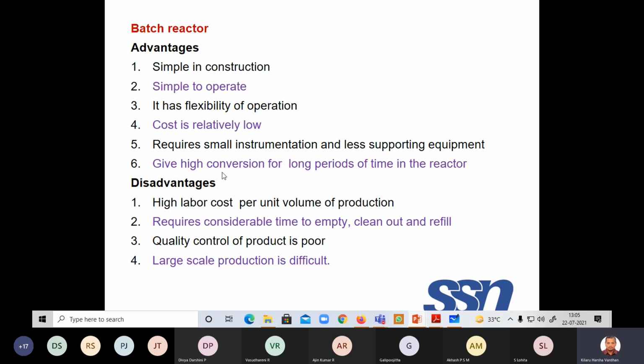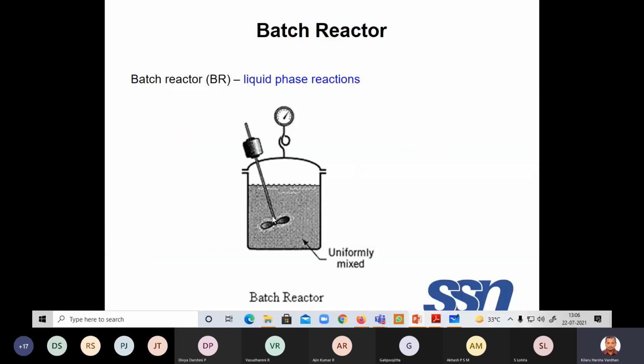One important thing is that it gives higher conversion for longer periods of time inside the reactor. It's a very important point, high conversion. You remember, the more time the raw material stays inside the reactor, the more will be the conversion. That is one thumb rule.